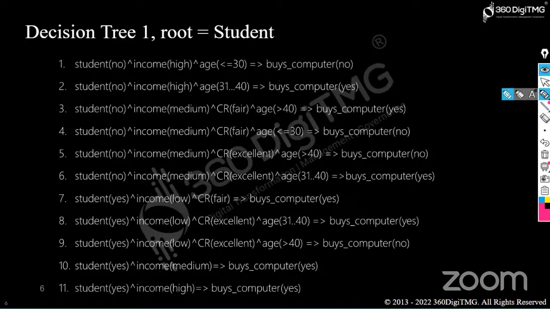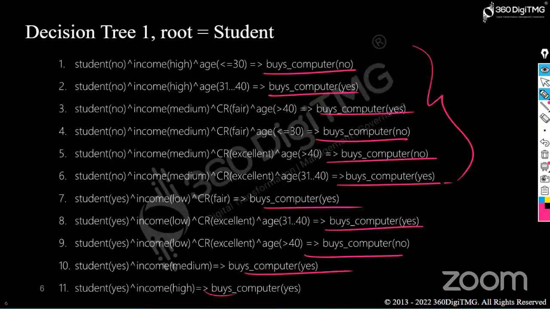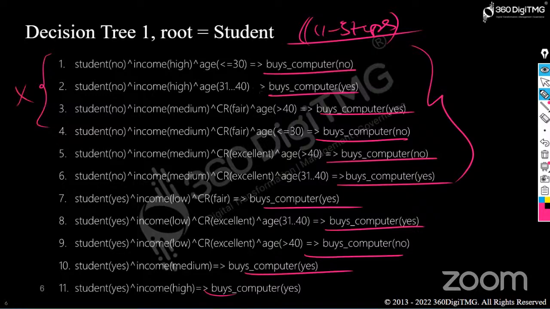At the end, you are supposed to say buys computer or not. So this is okay, fine. We have done it by considering the root. But how many steps are we following? 11 steps. 11 traversals. I'm not saying this is wrong. This is correct, but we have more steps.